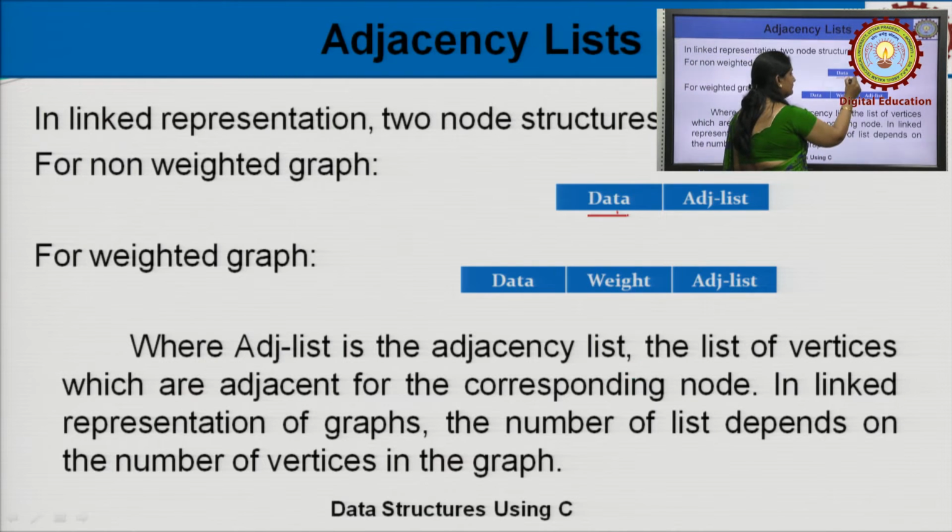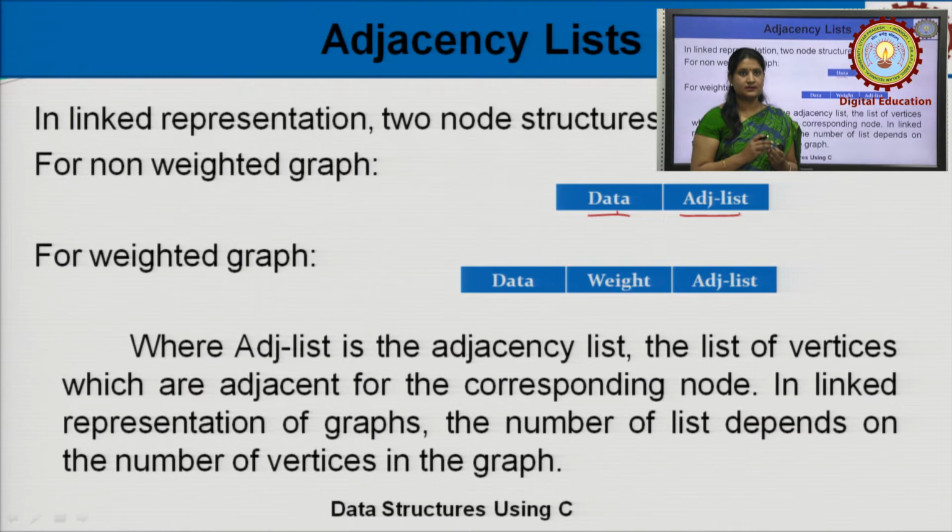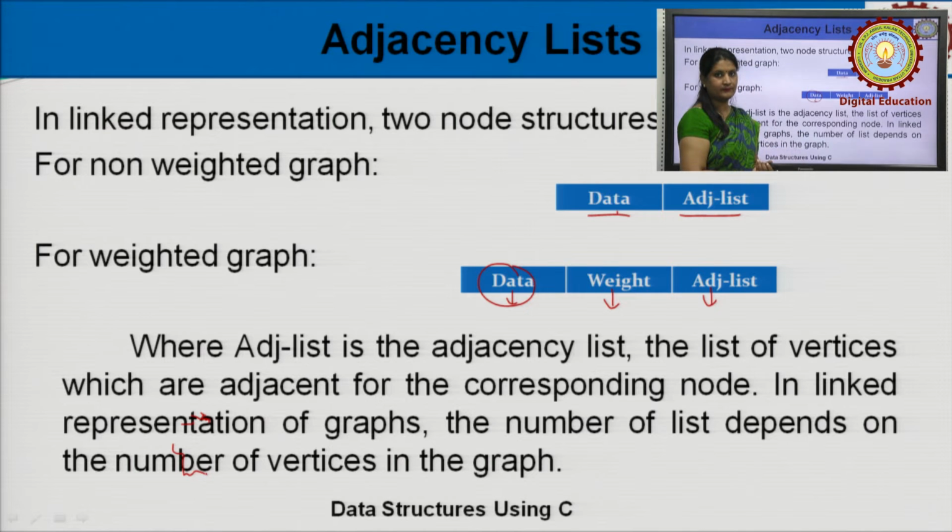First is the data field and second is the adjacency list field. Adjacency list is the list of vertices that are adjacent to that vertex. In weighted graph, the node will contain three fields. First is the data, second is the weight of the edge and third is the adjacency list. इस वर्टेक्स से कौन कौन से वर्टेक्स एडजेसेंट हैं?